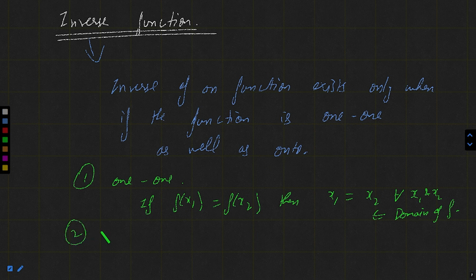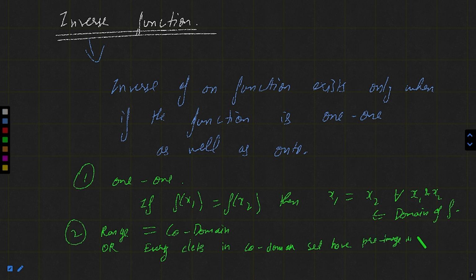Onto means the range set is equal to the codomain set, or in other words, every element in the codomain set has a pre-image in the domain set. I hope that you recall these basic definitions.